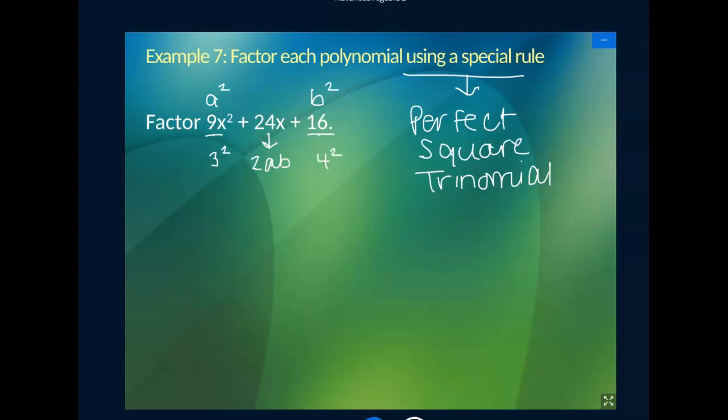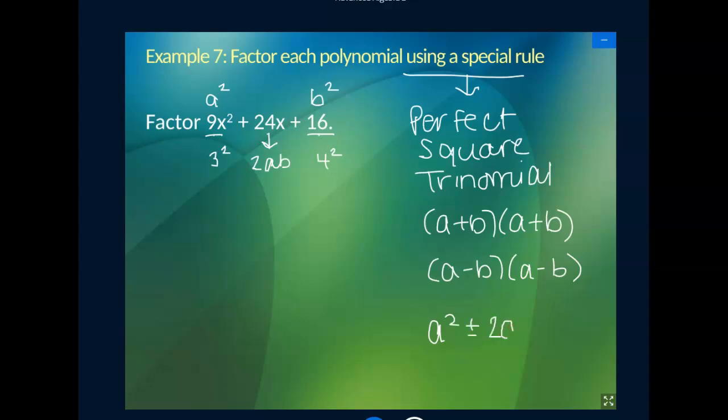And it will always factor, if it's positive, positive, as a plus b, a plus b. If it was a negative in there, then it could be a minus b, a minus b. It all depends on the sign in front of the 2ab.